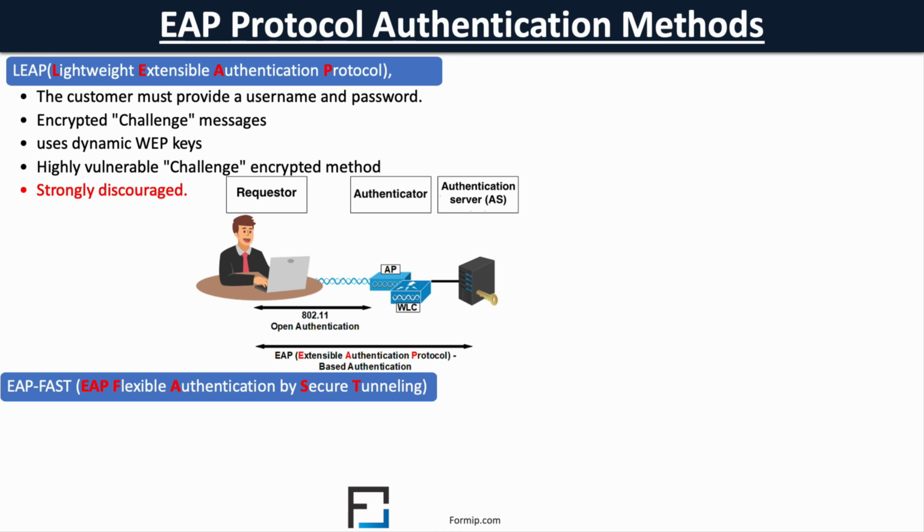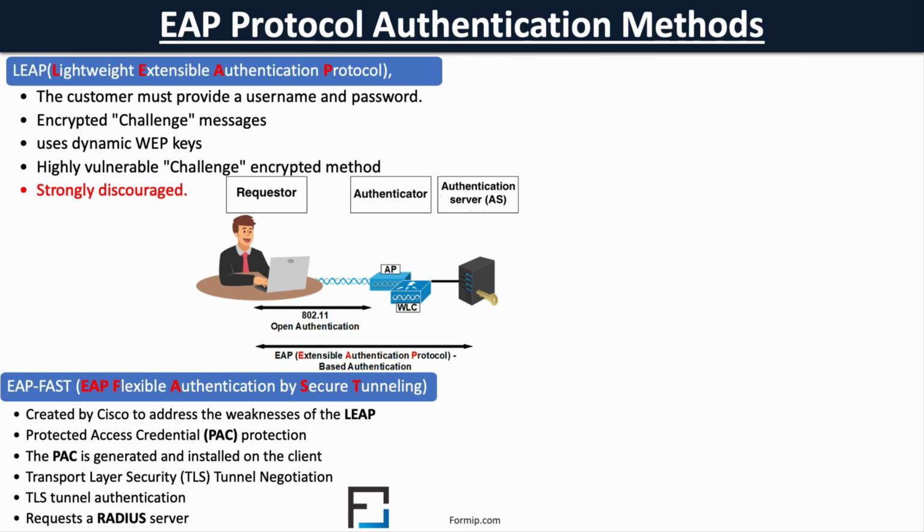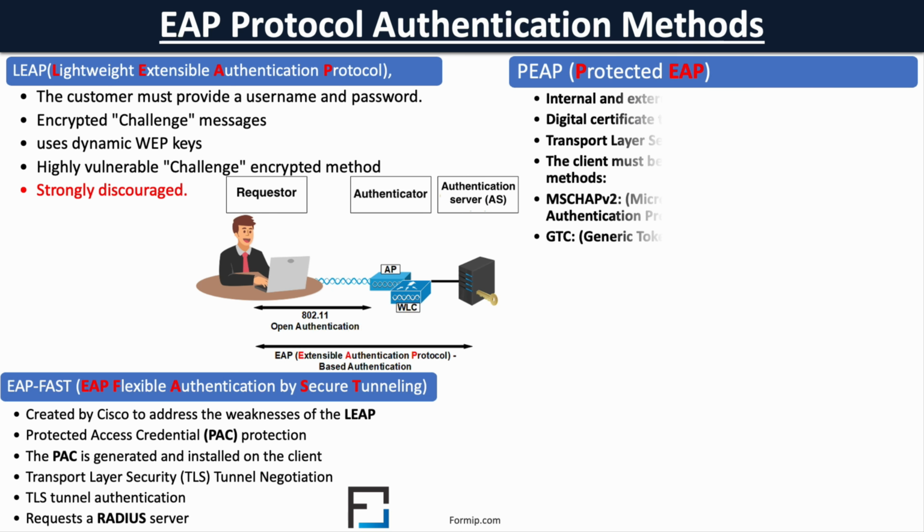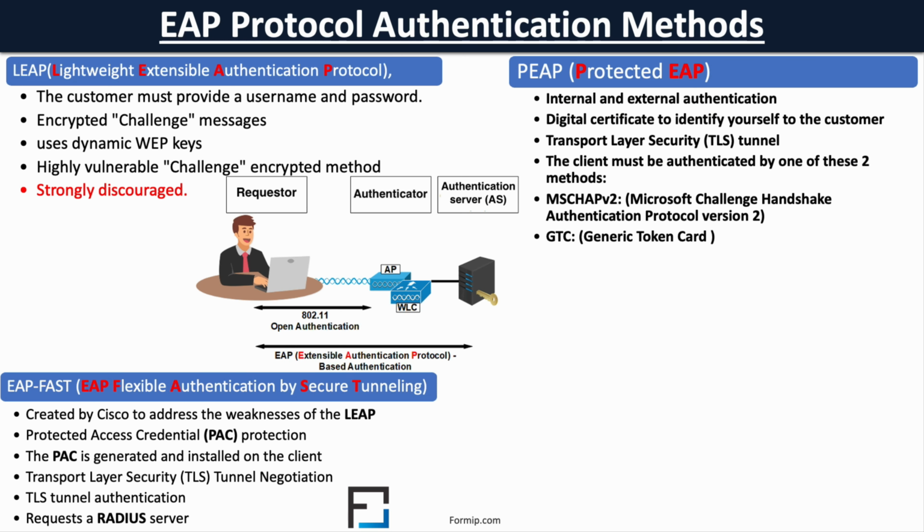The problem is that this method was deployed at a time when WEP was still very widely used, and LEAP tried to overcome the weaknesses of WEP by using dynamic WEP keys that changed very frequently. In addition, and this is the biggest problem, the method used to encrypt the challenge messages turned out to be very vulnerable.